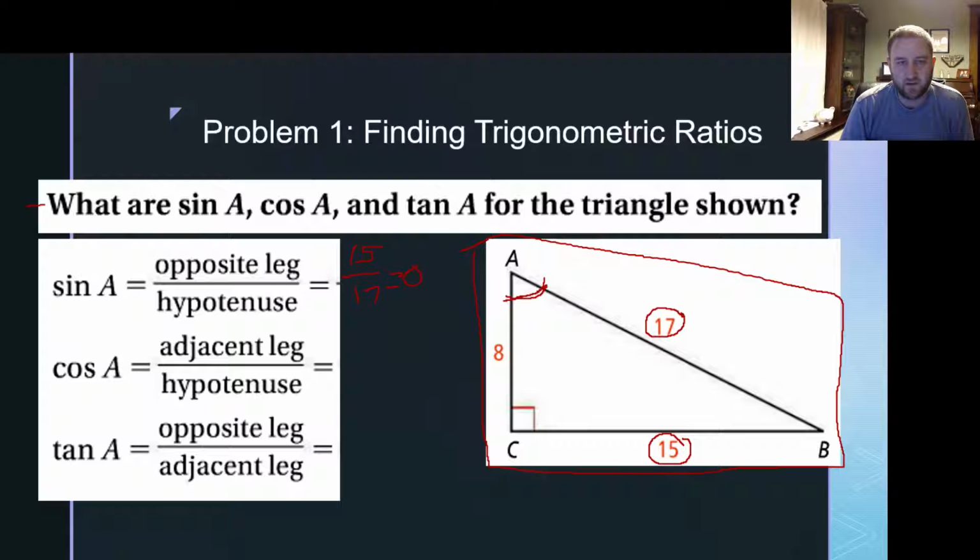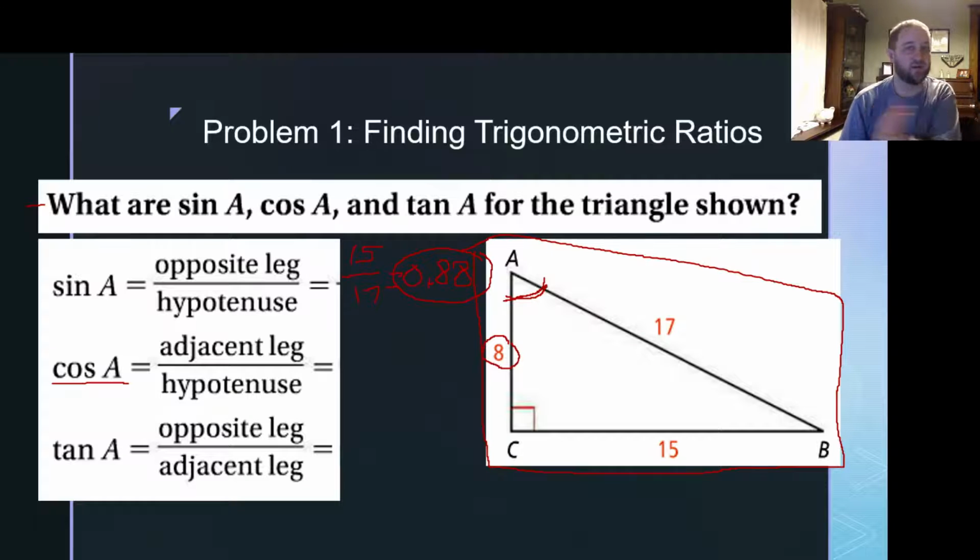0.88. That's the sine of A. Now the cosine of A is adjacent over hypotenuse. Okay, so we want the adjacent side. Remember, adjacent means right next to. Okay, the leg that's touching the angle.